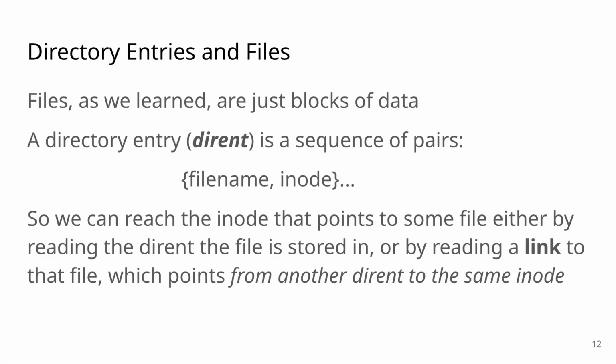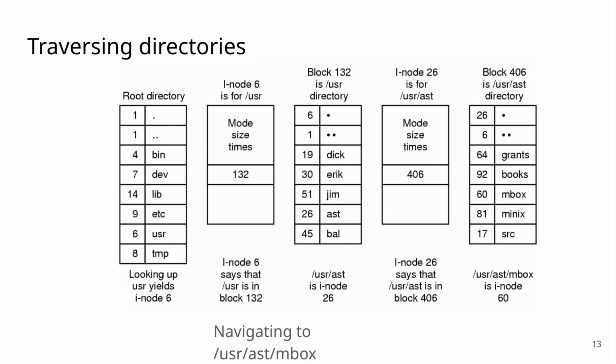Okay, so before we talk about links, let's take a moment to do a mental navigation through these data structures to get to the blocks that we want. Here we have a traditional Unix mailbox file path, let's say.